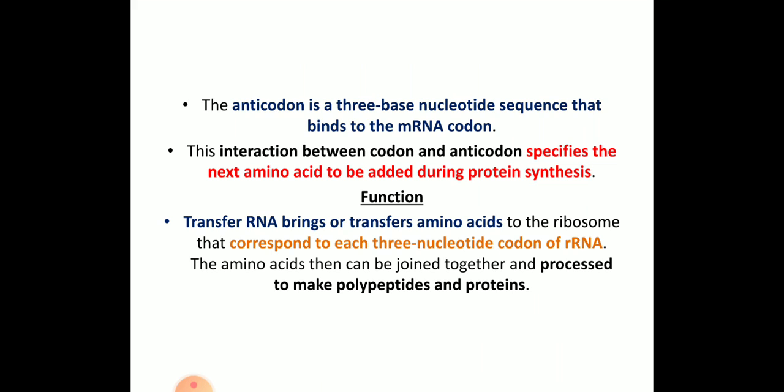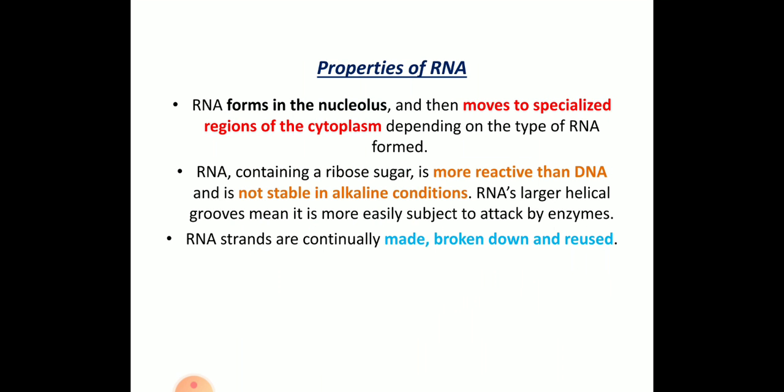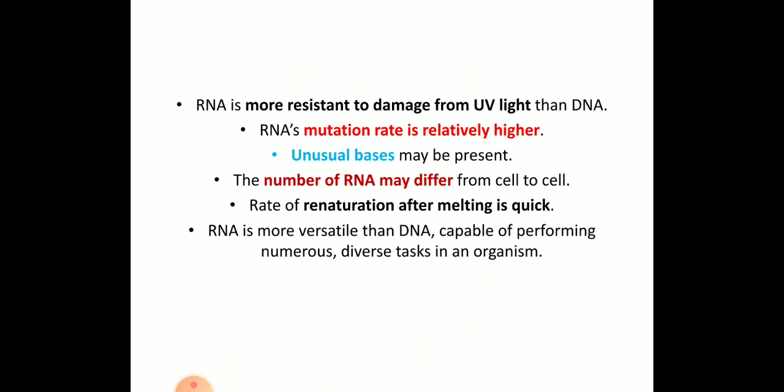To summarize the difference between DNA and RNA, you should also know the properties of RNA. They also form nucleotides, so you know the properties and characteristics and you can write about this. Make a note: they are more resistant to damage by UV light than DNA.